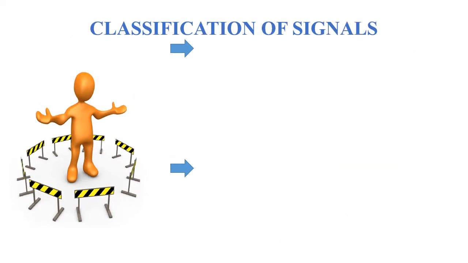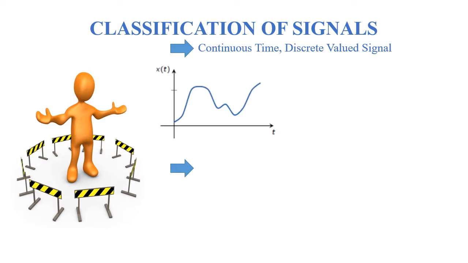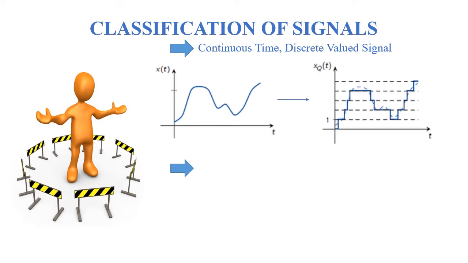The next category is the continuous time, discrete valued signal. As the name indicates, the time will have an infinite set of values, however the amplitude will have only finite values. Let us take a continuous time, continuous valued signal and see how it is getting converted to a discrete valued signal.